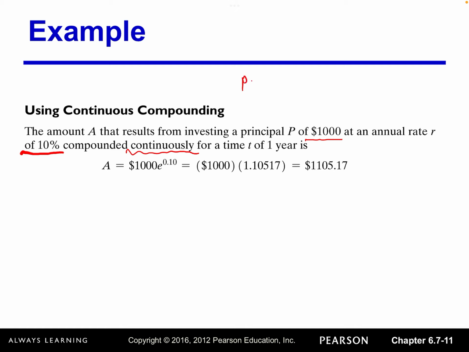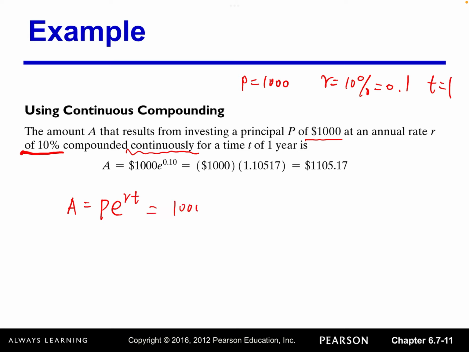In this case, P equals 1,000, R equals 10%, which is 0.1, and T equals 1 year. Then we plug into A equals P e to the RT power and plug in those numbers.